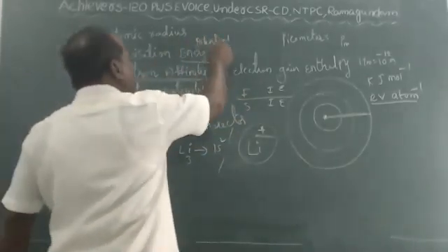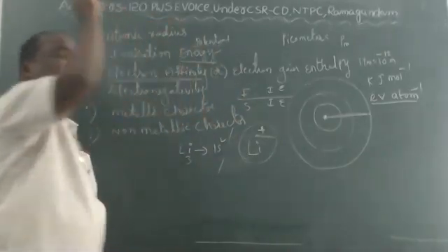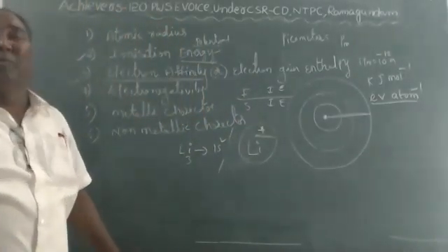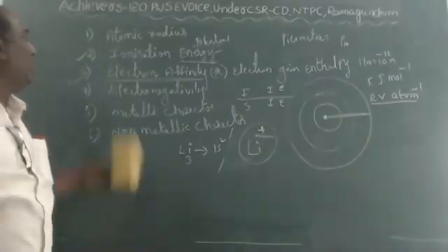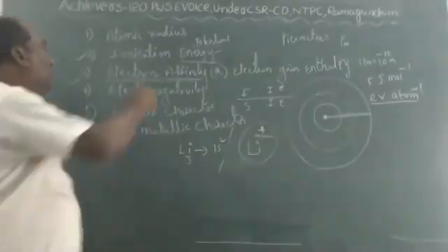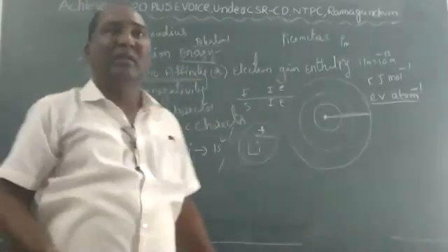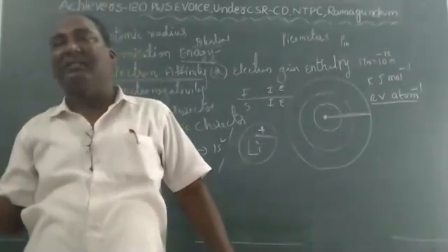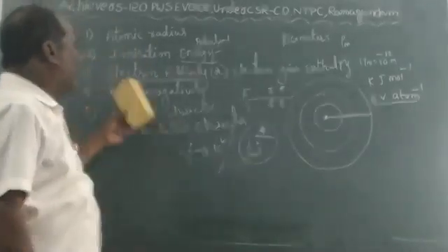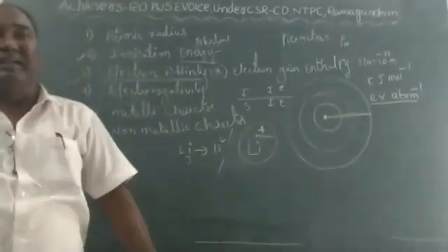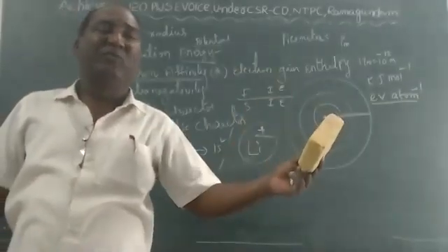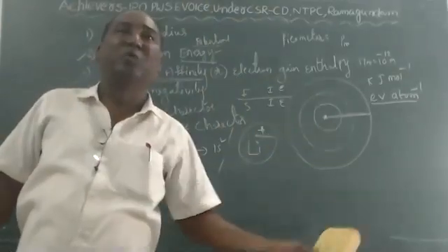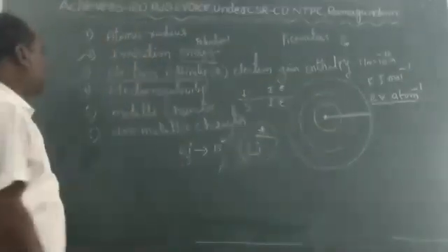So the energy required to remove an electron is ionization energy, and the energy released when we add one electron to a gaseous atom is electron affinity. Electron affinity increases in a period from left to right and decreases in a group from top to bottom.